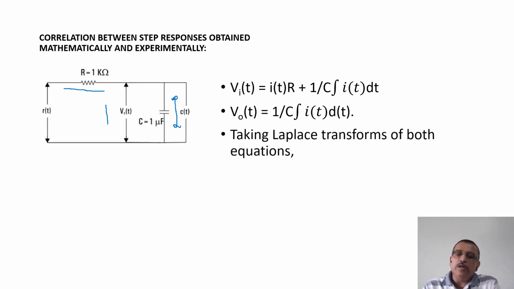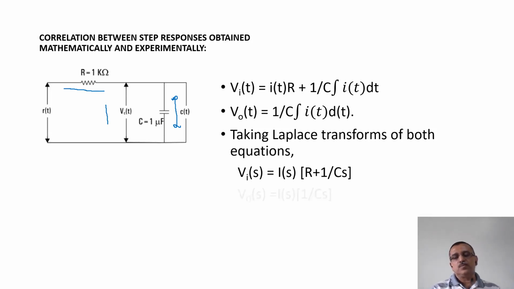So step 2 in finding the transfer function is you take the Laplace transform of both the equations. What is Vi(s)? I(s) into R plus I(s) by Cs. You know that when you integrate, you divide by s. I have taken the I(s) outside. Then what is Vo(s)? I have to take the Laplace transform of this equation. Vo(t) is 1 by C integral i(t) dt.